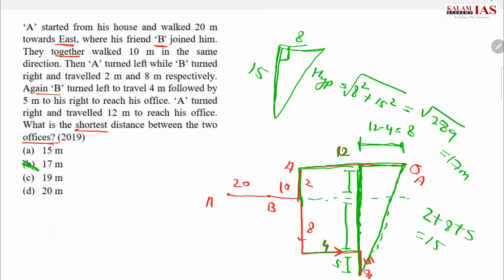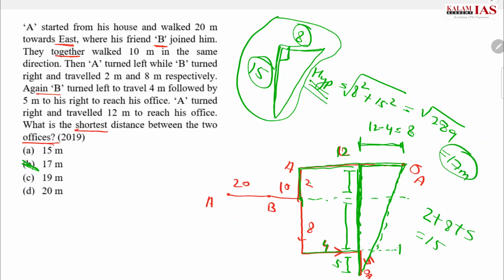So you have to find effectively this distance, which is 12 minus 4, 8. Now it is 8 meters, 15 meters, a right triangle, and you can simply apply Pythagoras formula to get the length of the hypotenuse. That is the shortest distance between the office of A and the office of B.